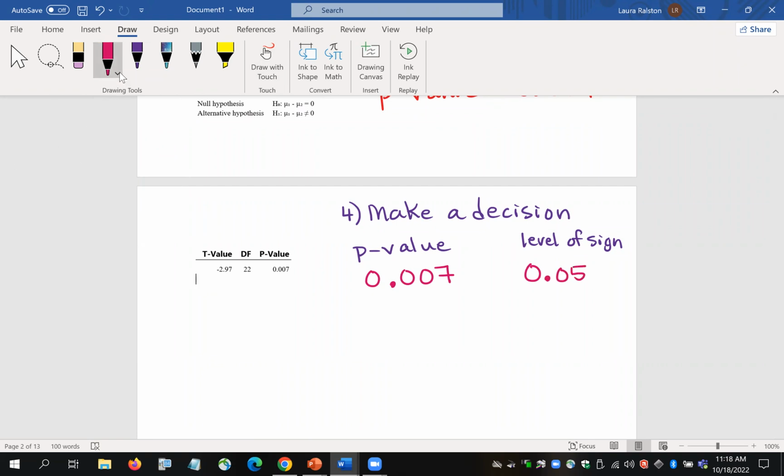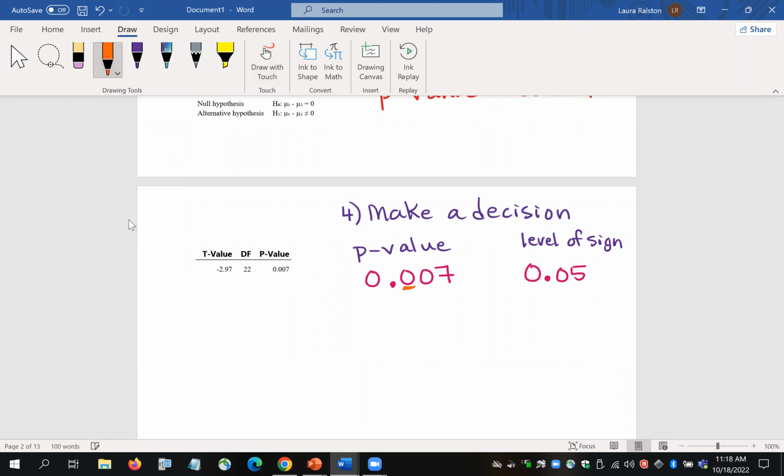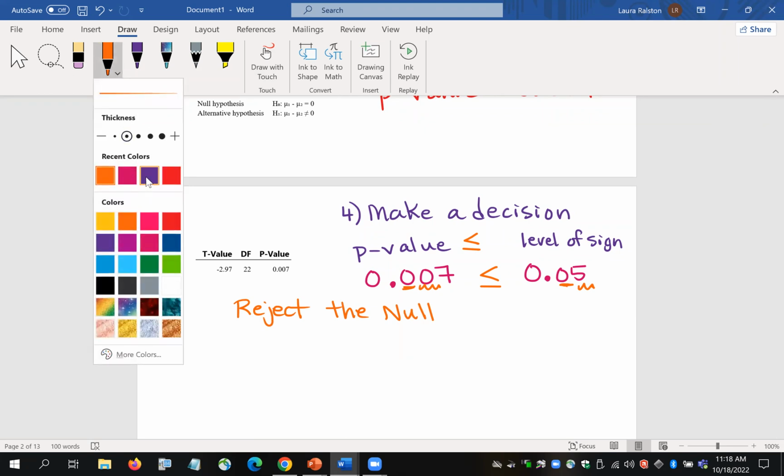Remember, we compare that digit for digit. So 0 to 0, 0 to 5. 0 is less than 5, so p is less than or equal to the level of significance. When p is less than or equal to the level of significance, we reject the null. Now, step 5 then is to write our conclusion.